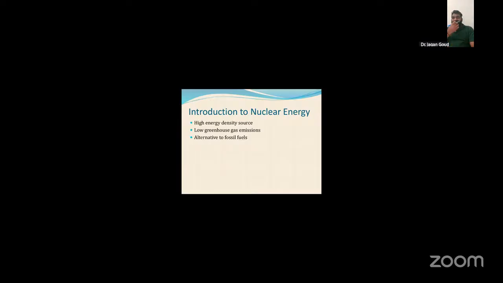In this high energy density source, what is the meaning of energy density? Energy density refers to the amount of energy stored in a given mass of fuel.